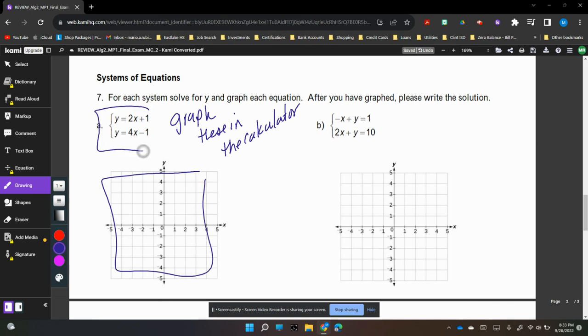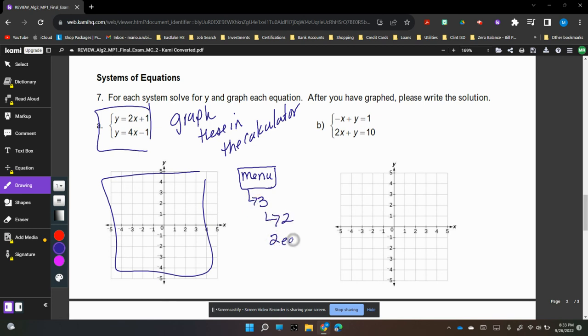And then in order to solve them, there are 2 ways to do it. You graph them in the calculator, and wherever they intersect, that's the solution. The other way you can do it is to use the linear solve, which in the TI Inspire is menu, then 3, then 2.